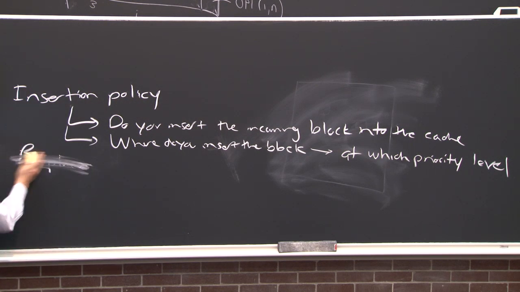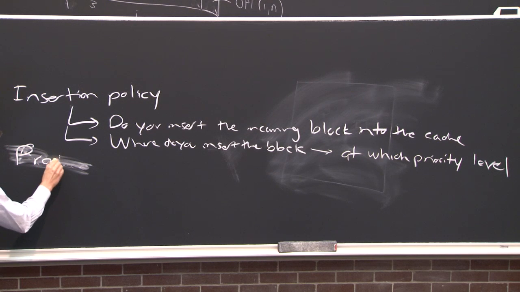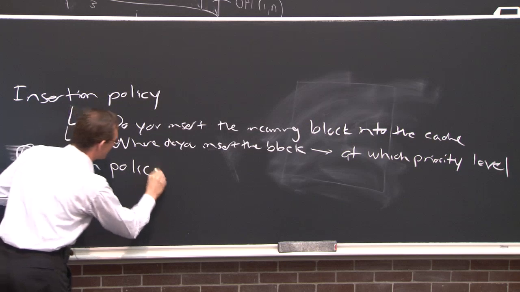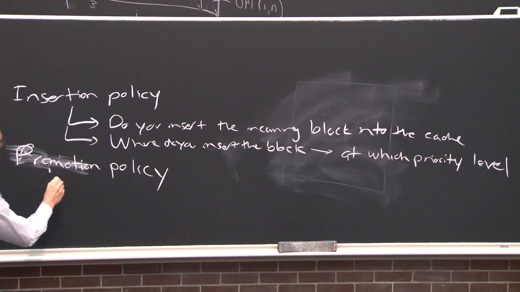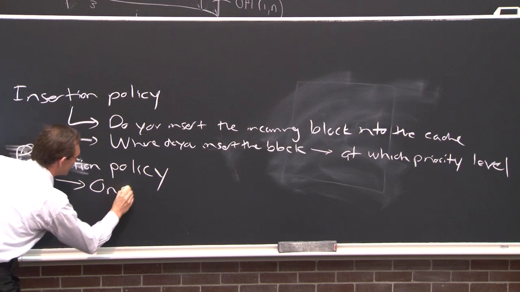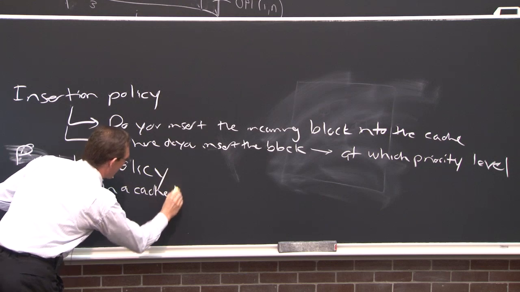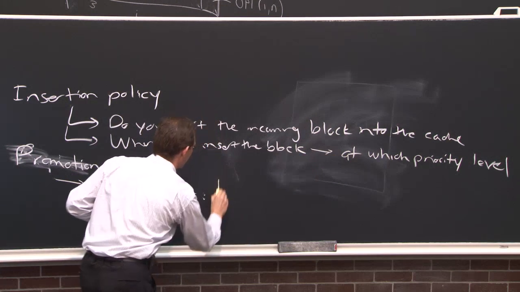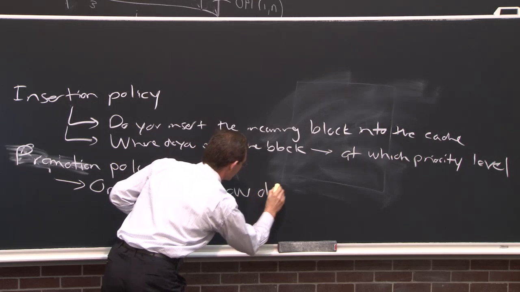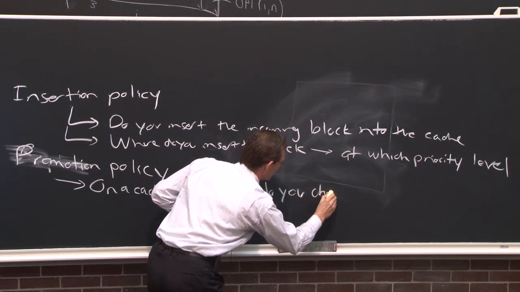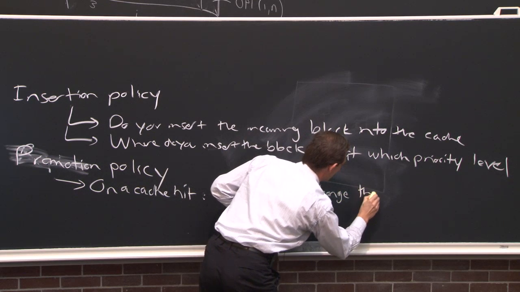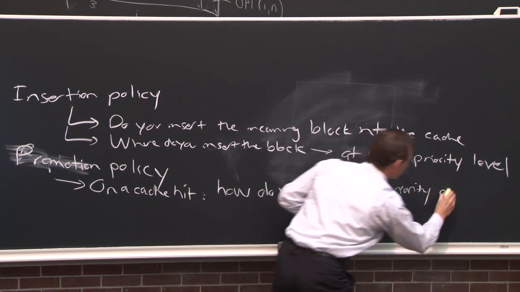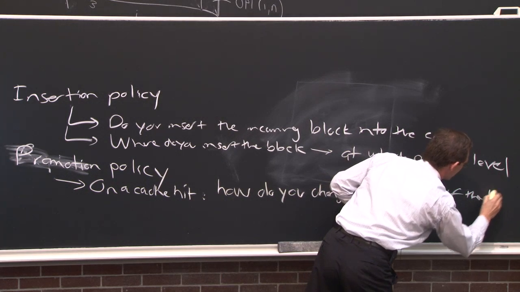Actually, there's another policy in a cache, which is the promotion policy. This is basically what happens on a hit. On a cache hit, how do you change the priority of the block that you hit?